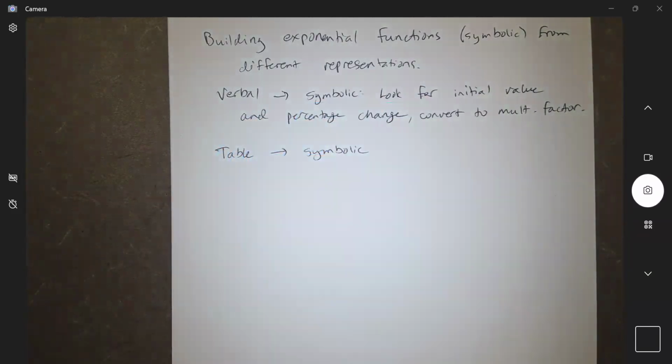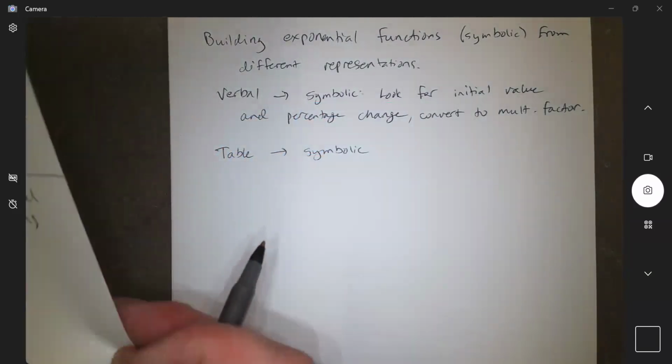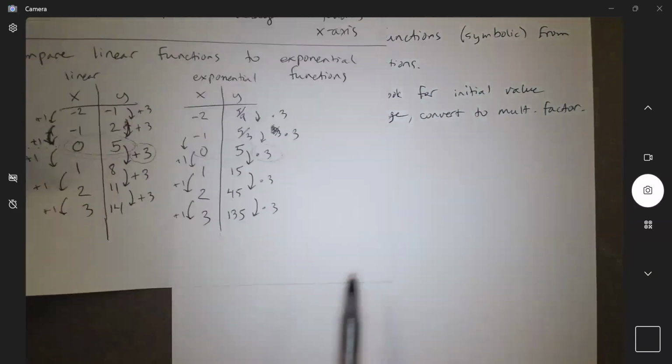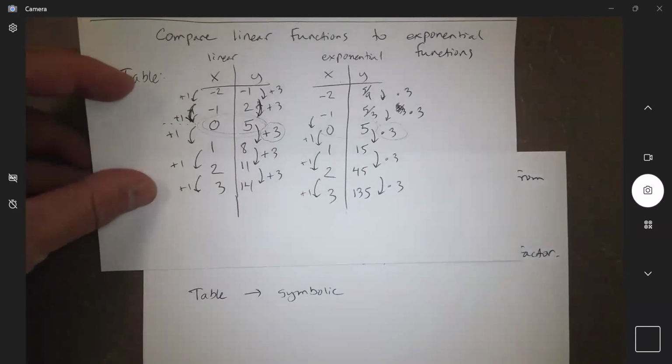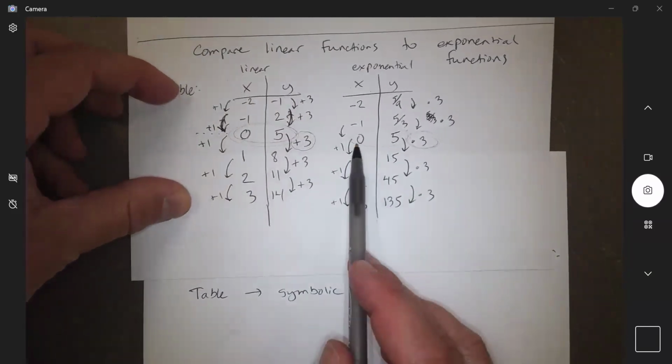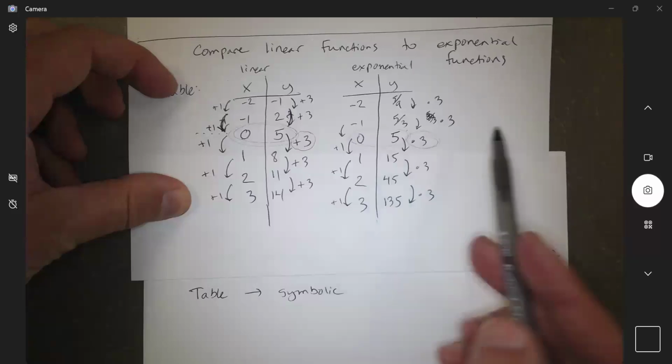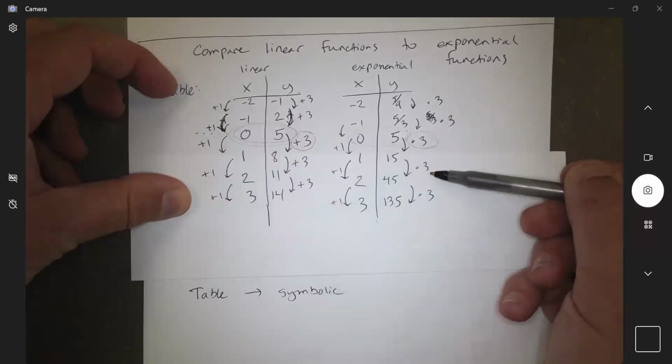Table to symbolic. Actually, we just did that as well. Find the y-intercept, find the multiplication factor.